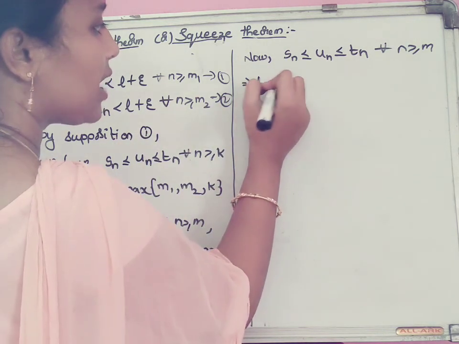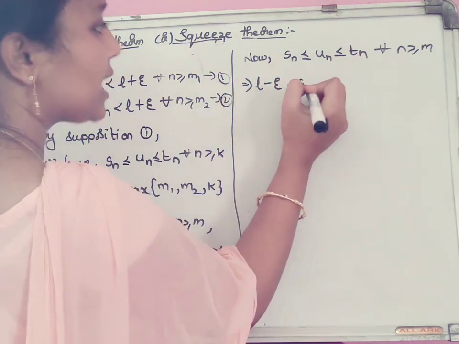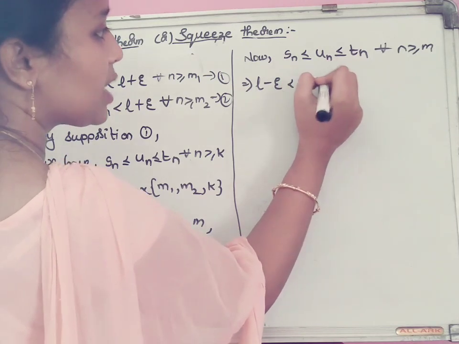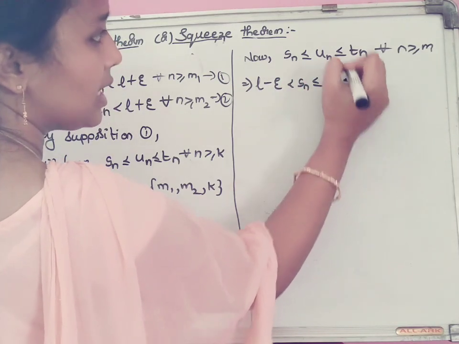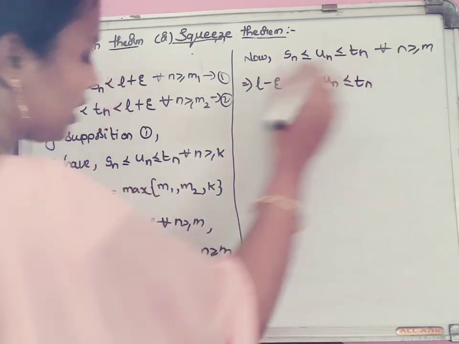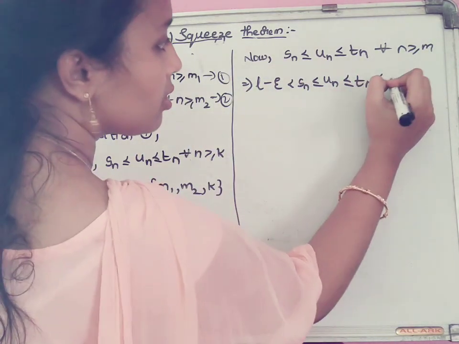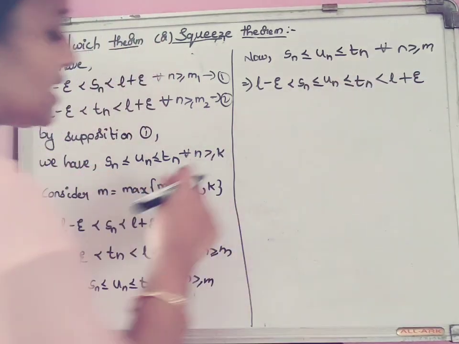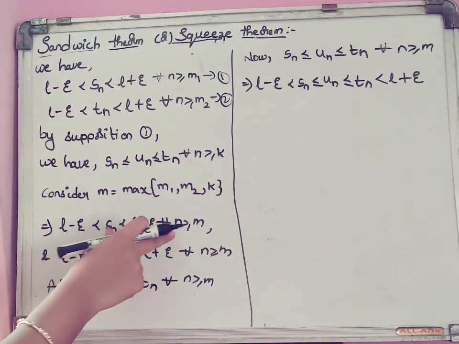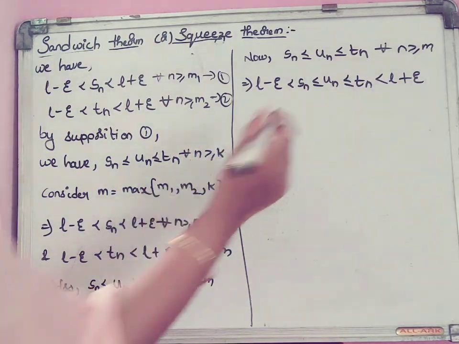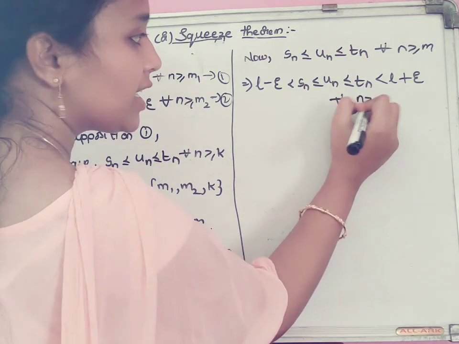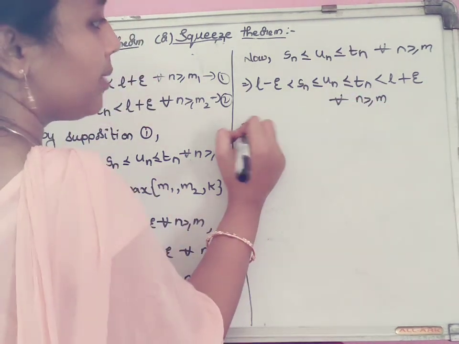So from this we can write L minus epsilon less than Sn, which is less than or equals to Un, less than or equals to Tn. Tn also less than L plus epsilon. All these conditions exist for all n greater than or equals to m.